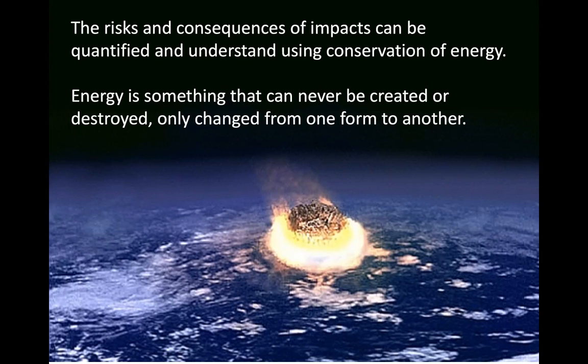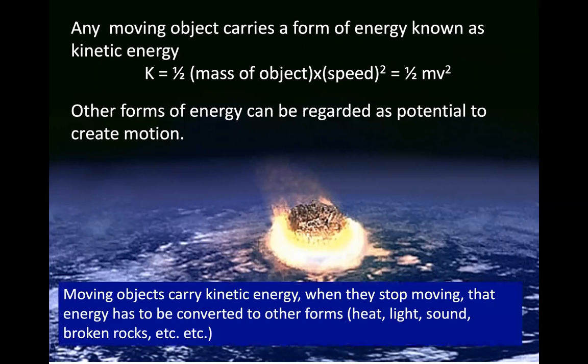Now, to be a little more explicit about that, the actual energy carried by a moving thing is given by a fairly simple formula. It's 1/2 times the mass of the object, so how many kilograms it has, times its speed squared, 1/2 mv squared.